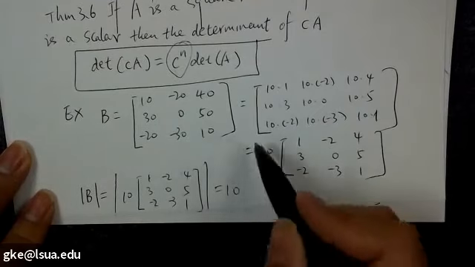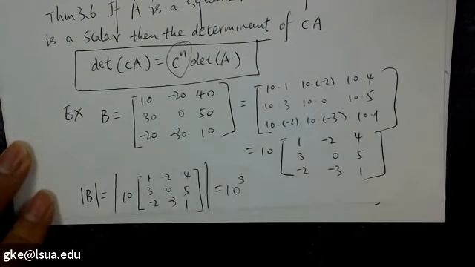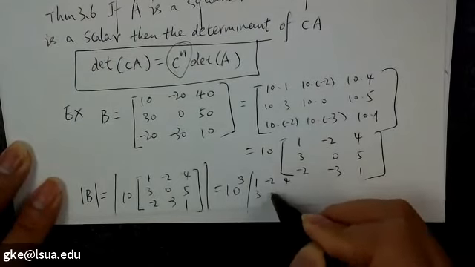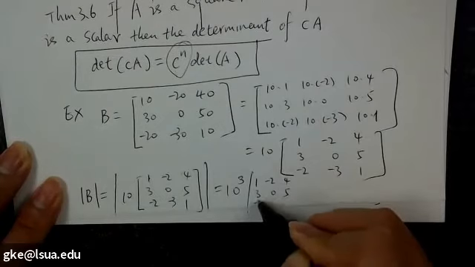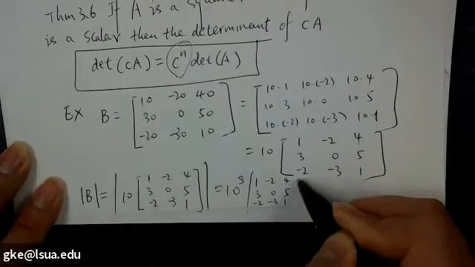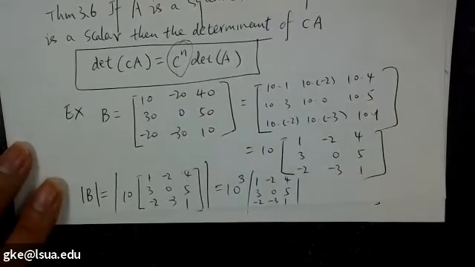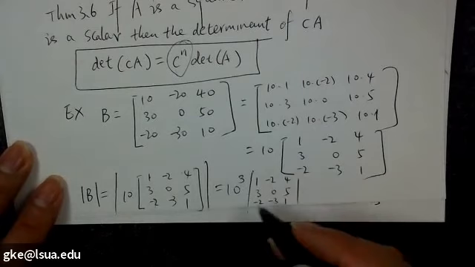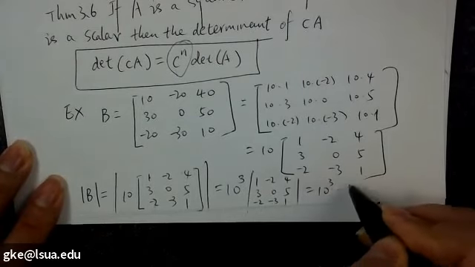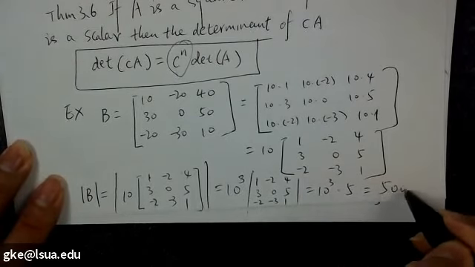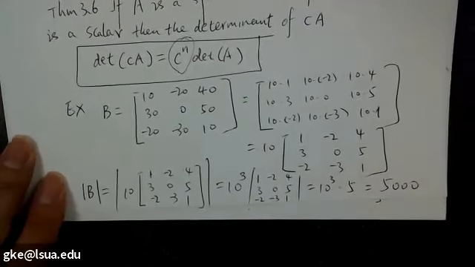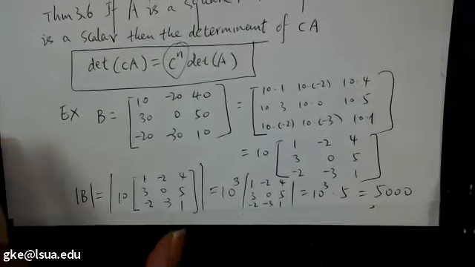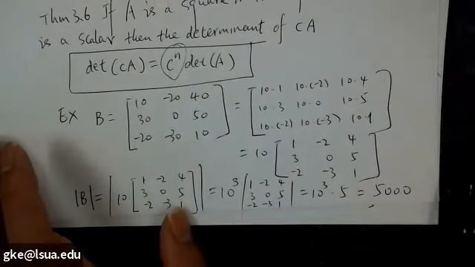Here it is a 3 by 3, and then times this determinant. You can calculate this determinant to be 5. You're going to get 5,000. That's another property of the determinant.